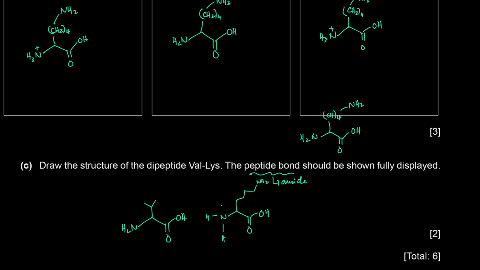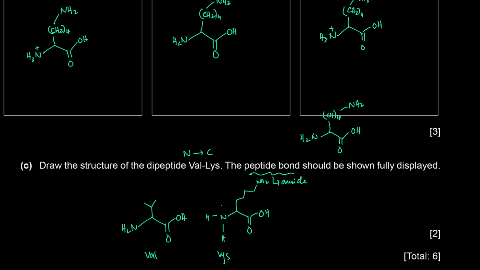Now, in the dipeptide valine lysine, in the way it's written, guys, whenever it says valine lysine, it means that the valine's NH2 is unreacted. Whenever you're writing a dipeptide or a polypeptide, it's always in the order N to C. So when I say valine lysine, it means that we're going to start with the N of valine on the left-hand side, and we're going to end with the carboxyl group of lysine on the right-hand side.